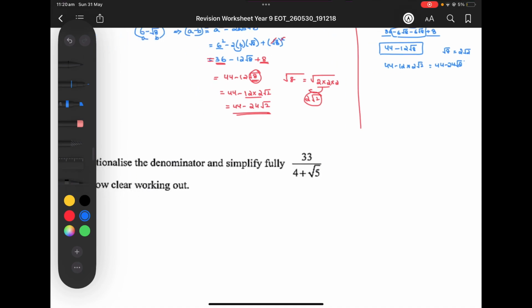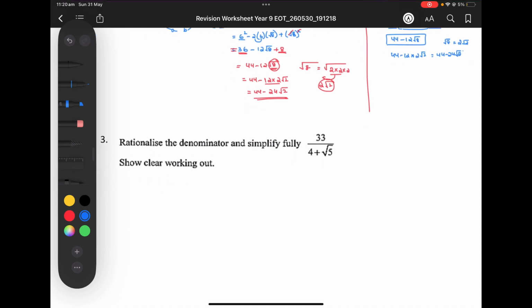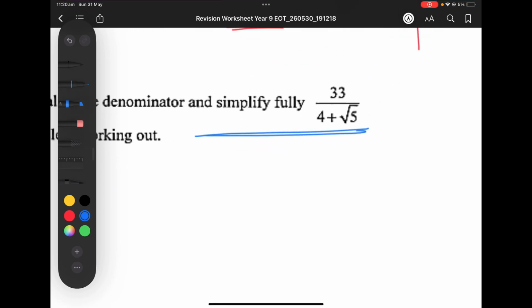Okay. Moving on to the next question in here, rationalize the denominator and simplify fully. You have to rationalize the denominator. Rationalizing the denominator is multiplying and dividing with the opposite sign of the denominator. It's a plus here, so you're going to multiply and divide with a negative sign in here, 4 minus root 5 is what you have.